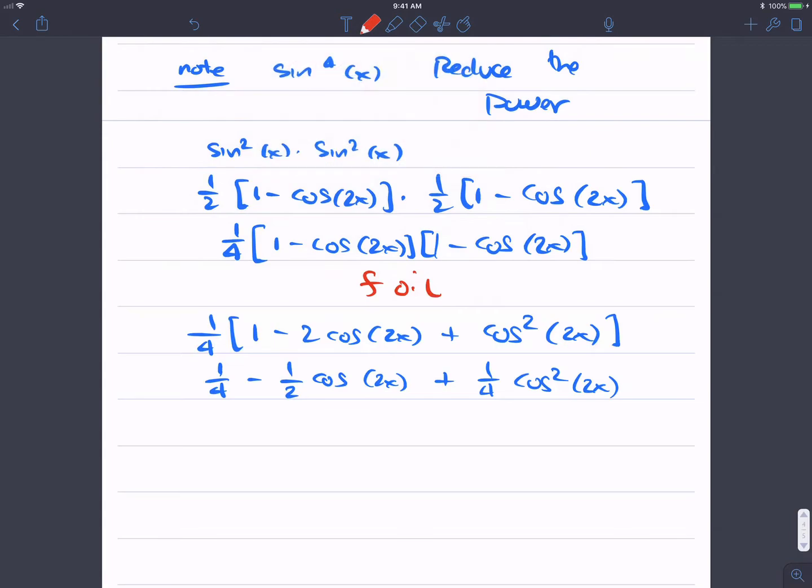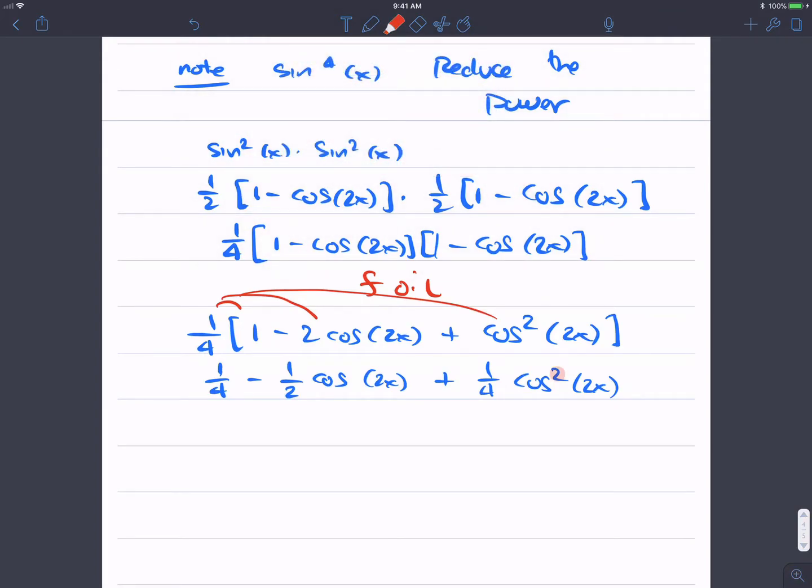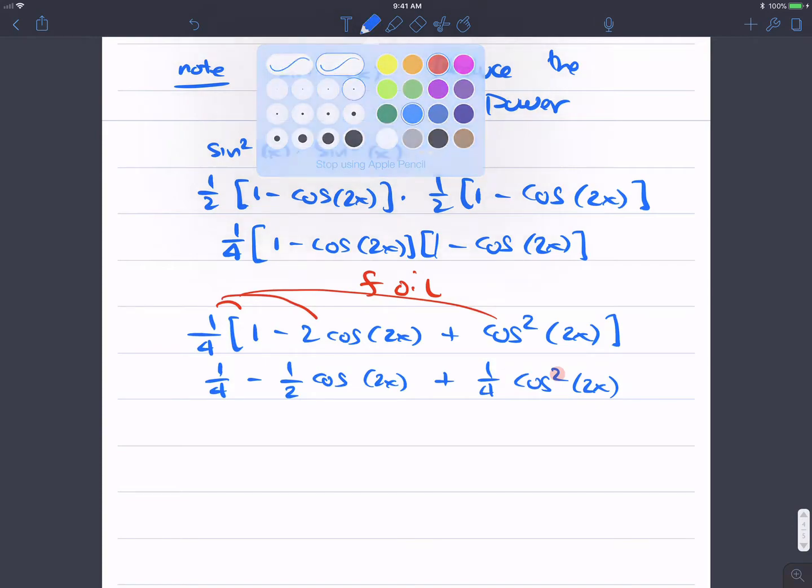Okay, that's the distributive property. And you're going to notice again, you have a power 2. It's an even power, it's power 2. Well, we're going to reduce this power by using, again, the appropriate identity.